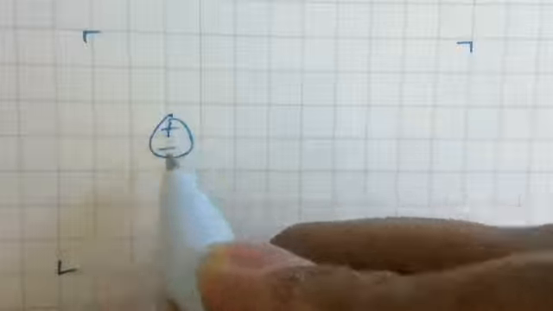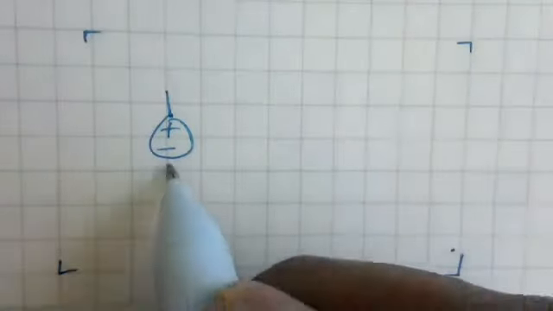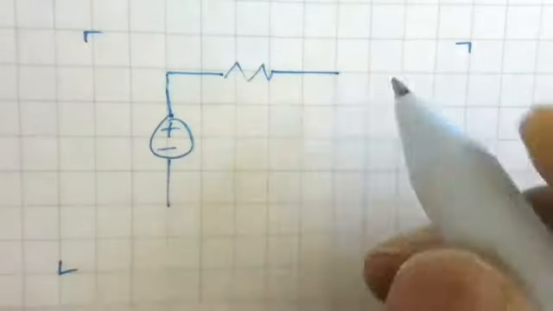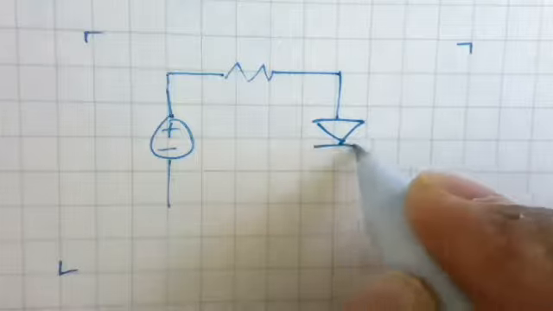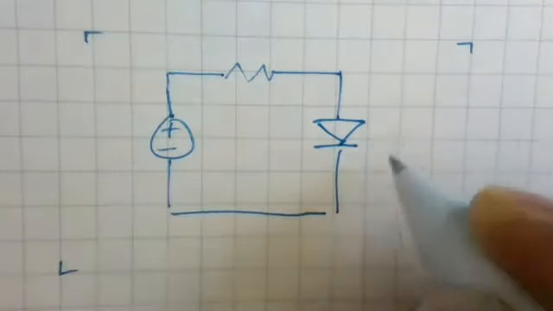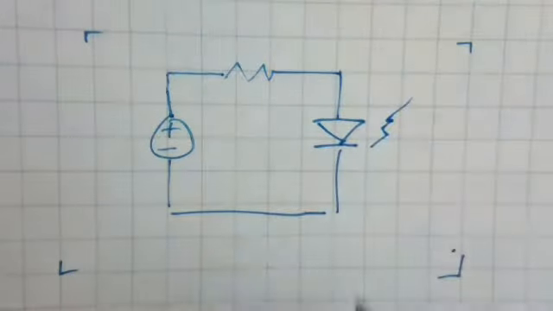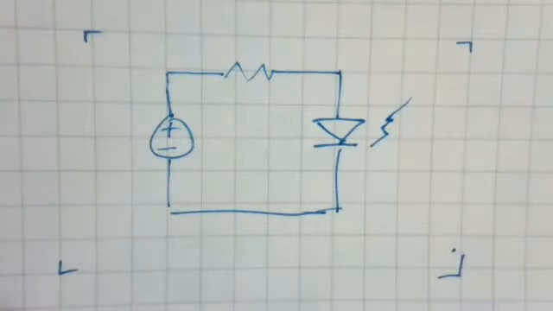So here's our voltage supply. And what we're going to do is draw a resistor and then a diode with the diode symbol. And then maybe we'll have a little lightning bolt here to show us that this is an LED.